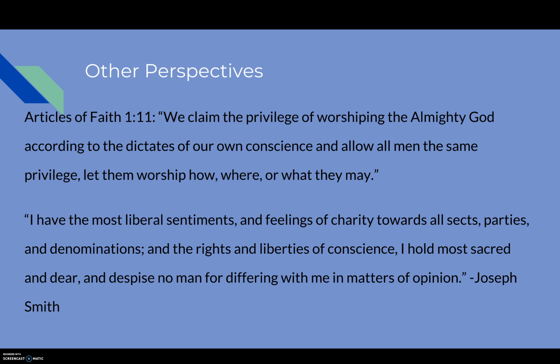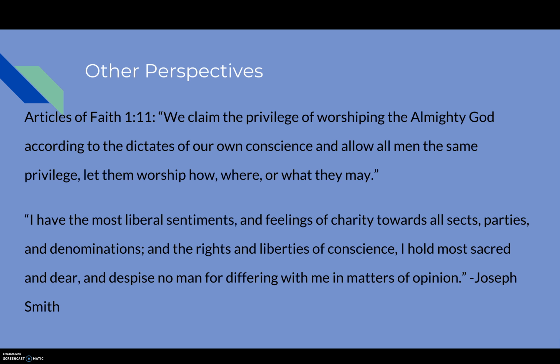We shouldn't judge others or treat them any differently because of what they believe or what they wear or don't wear, etc. Just as much as we don't want others to judge us by our clothing, such as garments or temple clothing, or the reason why we have temples, or any of the rituals that we have and participate in inside the temple, because they're sacred and important to us.